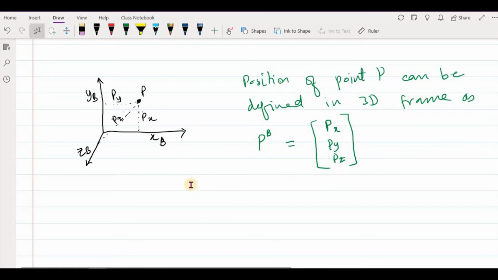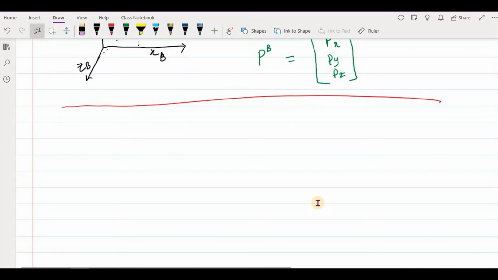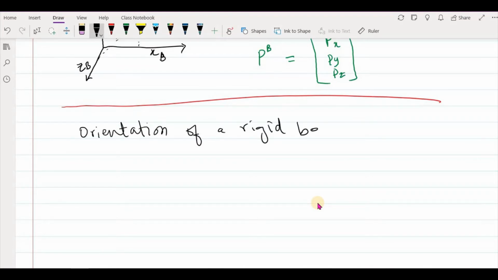So this was position, and now let us see how we can define the orientation of a rigid body in a frame.